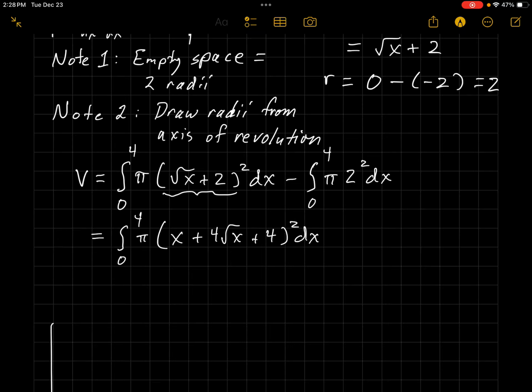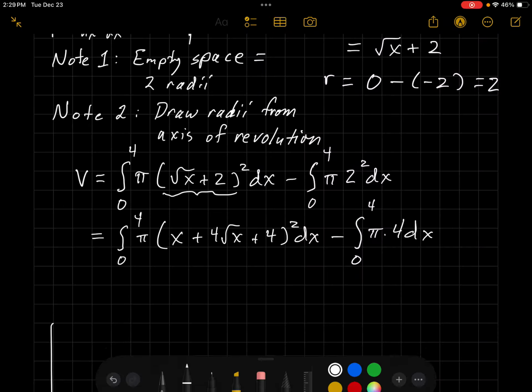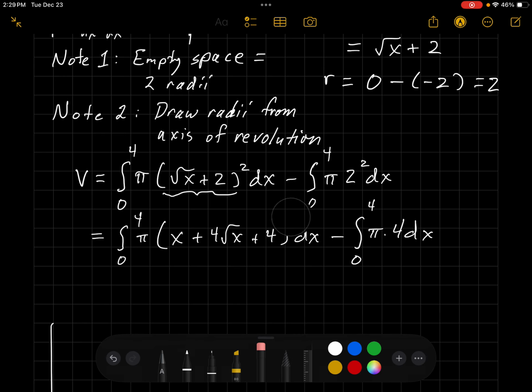So if I distribute that correctly, that's what we get. And then I'll rewrite this back integral as well. Let me get rid of that square that doesn't belong here. I already squared that.